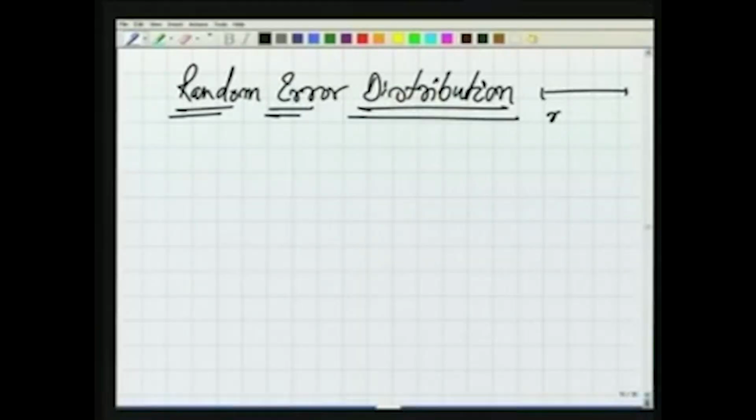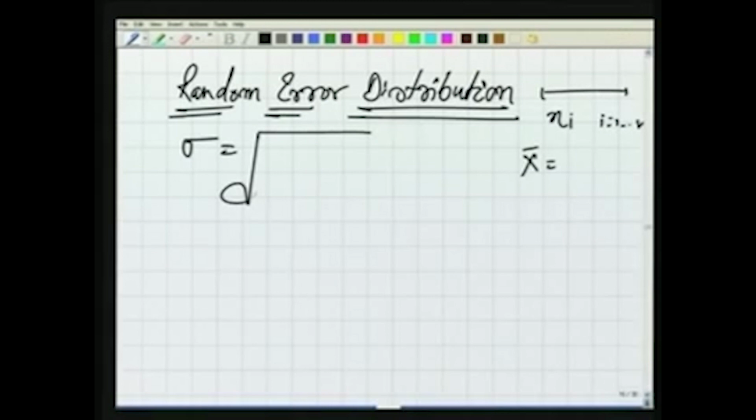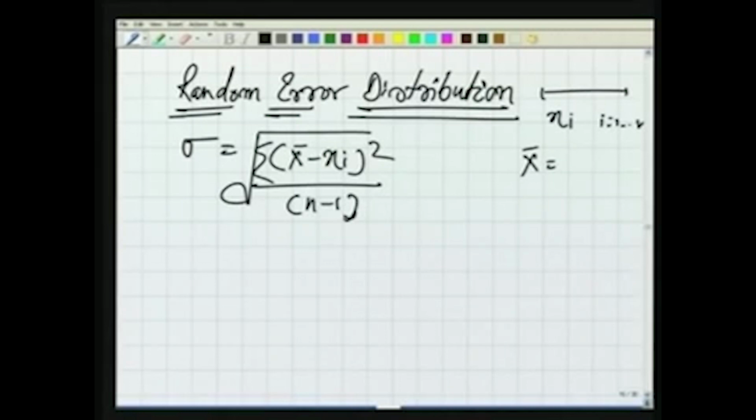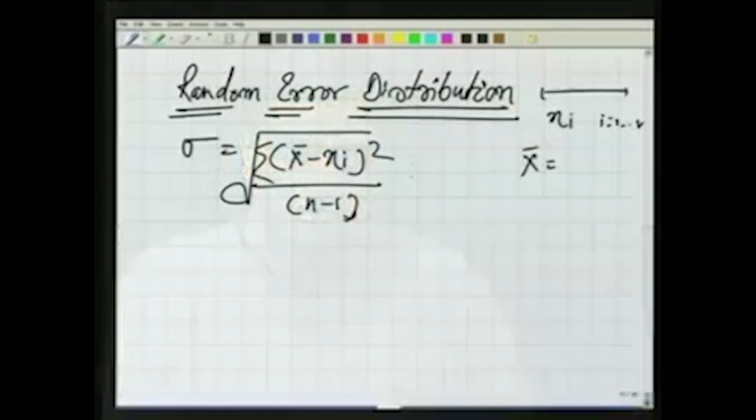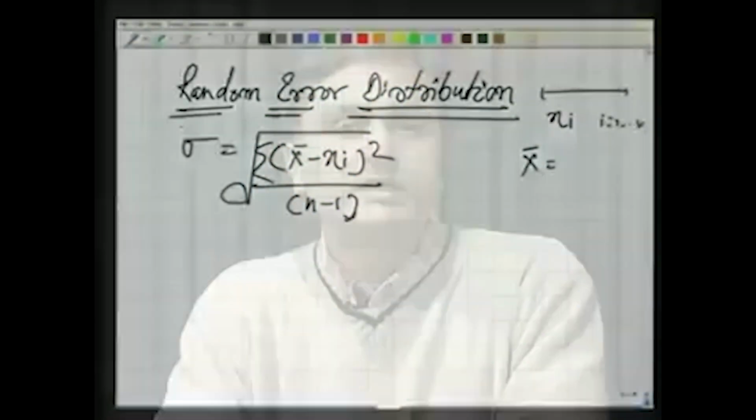We measure it xi, i is 1 to n, and we find the most probable value, which is the arithmetic mean. Also we can find one more term, called sigma, the standard deviation, which you find by sigma of x bar minus xi, squared, divided by n minus 1, under a square root. That is called the standard deviation. What does the standard deviation show you? The standard deviation shows you the spread of the points. We'll talk about this standard deviation also later on in detail, how we will make use of it.